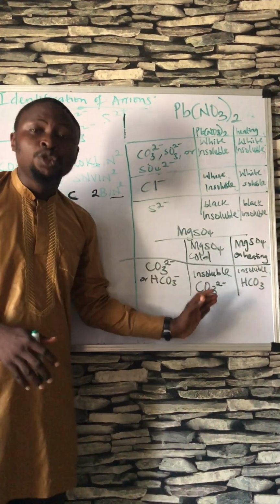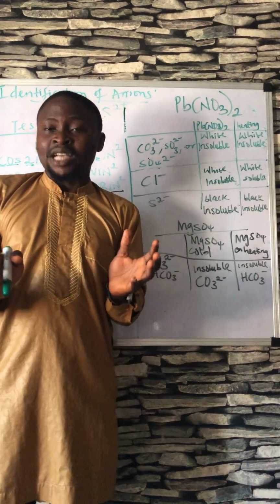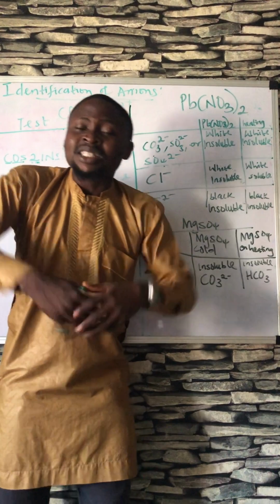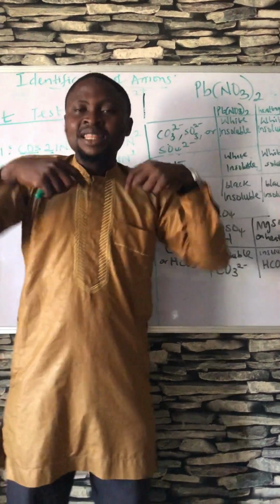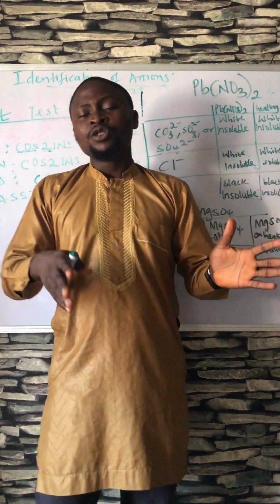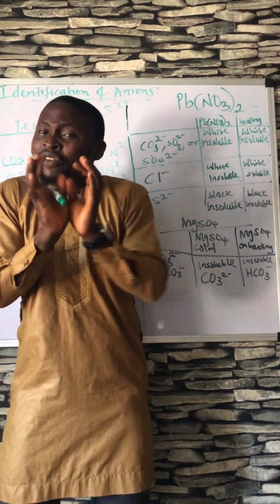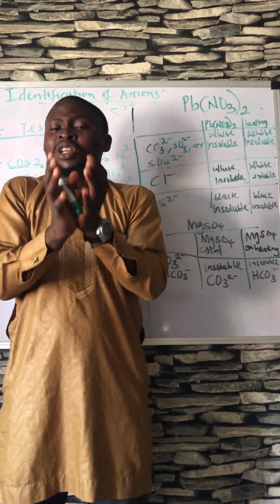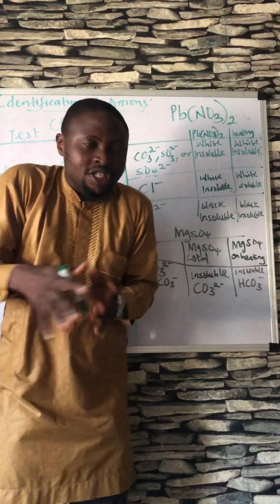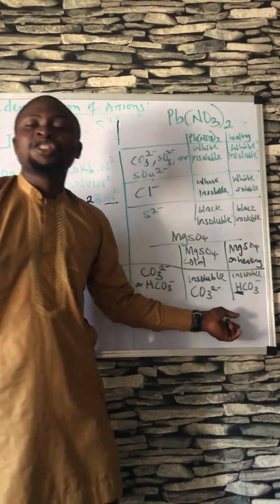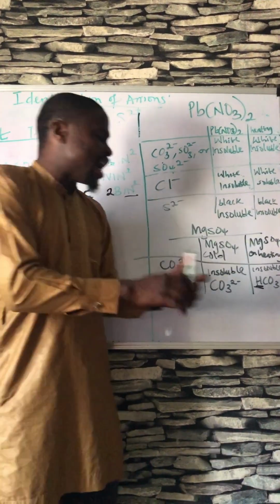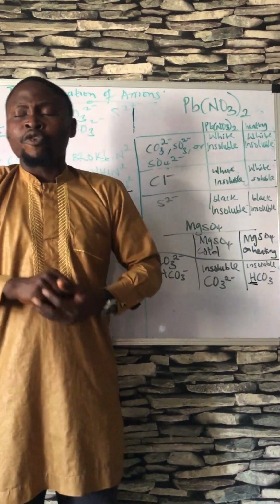When it is cold, if it turns a white precipitate, then it is indicating the presence of carbonate ion, trioxocarbonate(IV) ion. If it doesn't form a precipitate when it is cold, and you then heat it and it now forms a precipitate, it is showing you that what is present in the unknown substance is hydrogen trioxocarbonate(IV) ion.